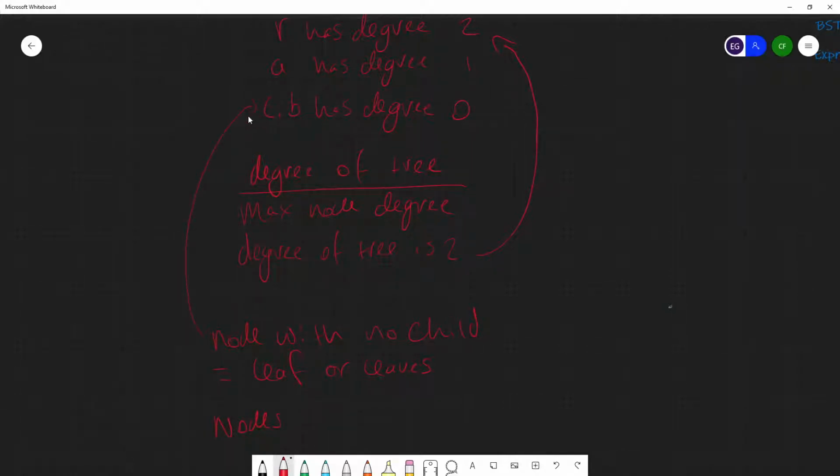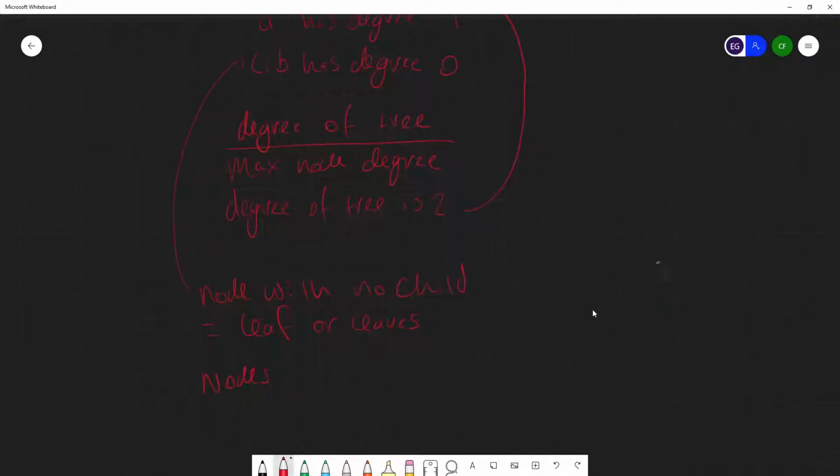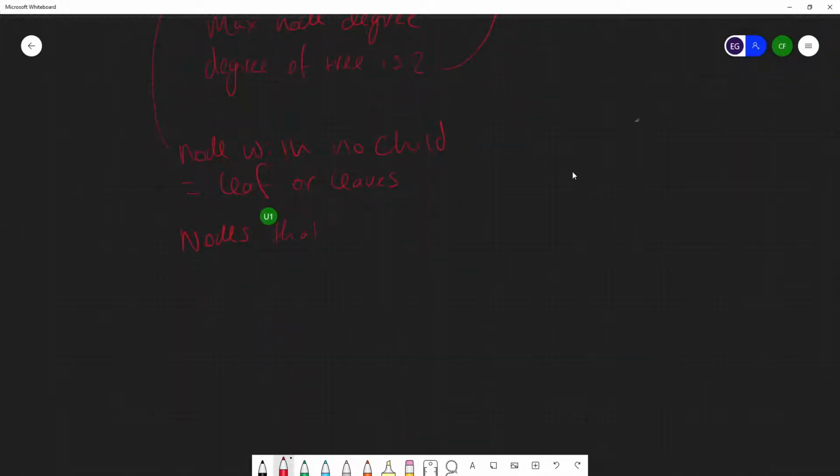Let me write that out. So nodes that are not the root or leaves are internal nodes.